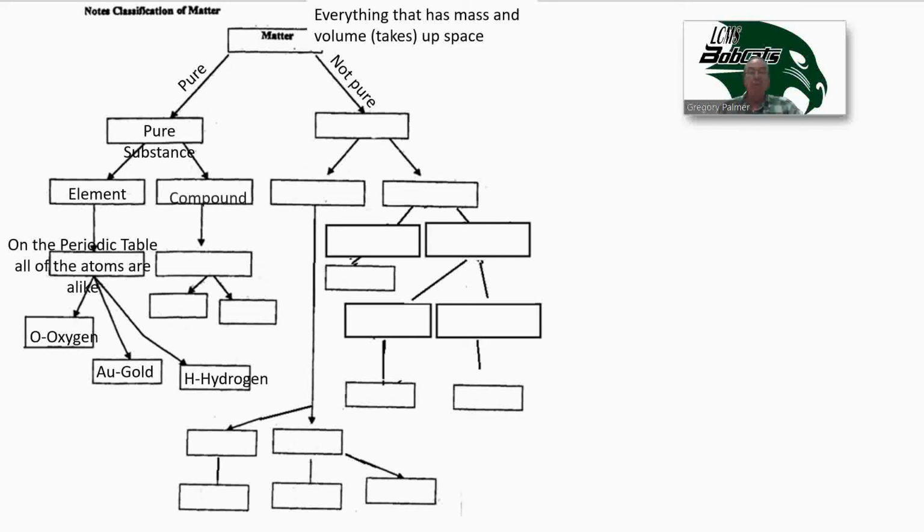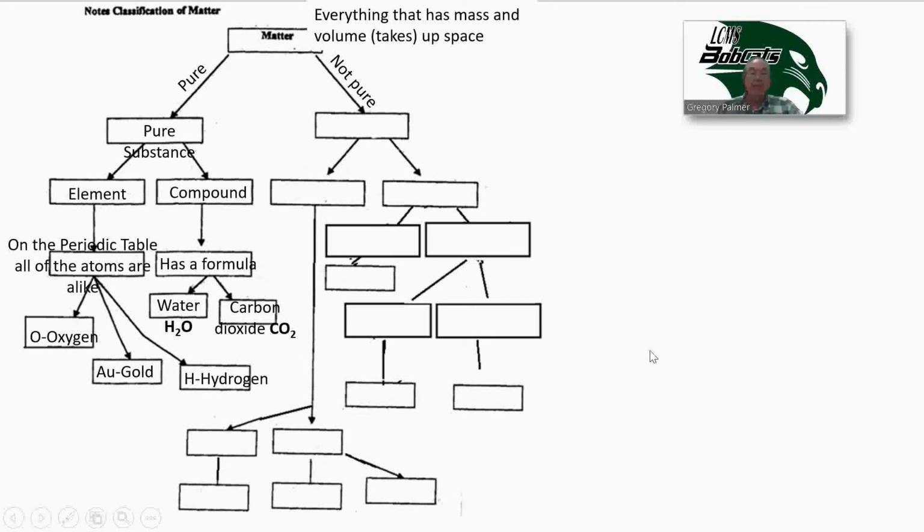The other kind of pure substances are compounds. We'll know something is a compound if it has a formula. Water is a compound. Its formula is H2O. It can be pure. Carbon dioxide, like what's used in CO2 cartridges, can be pure, and it has a formula.